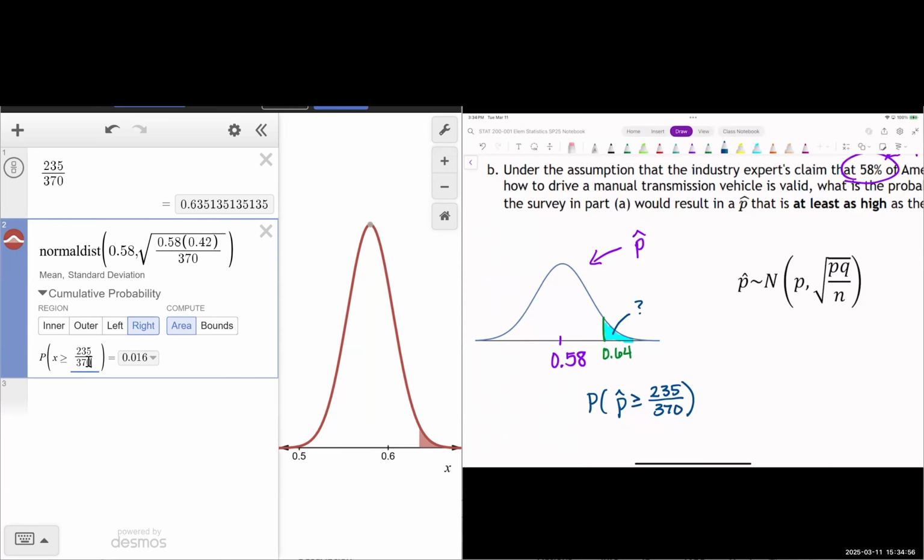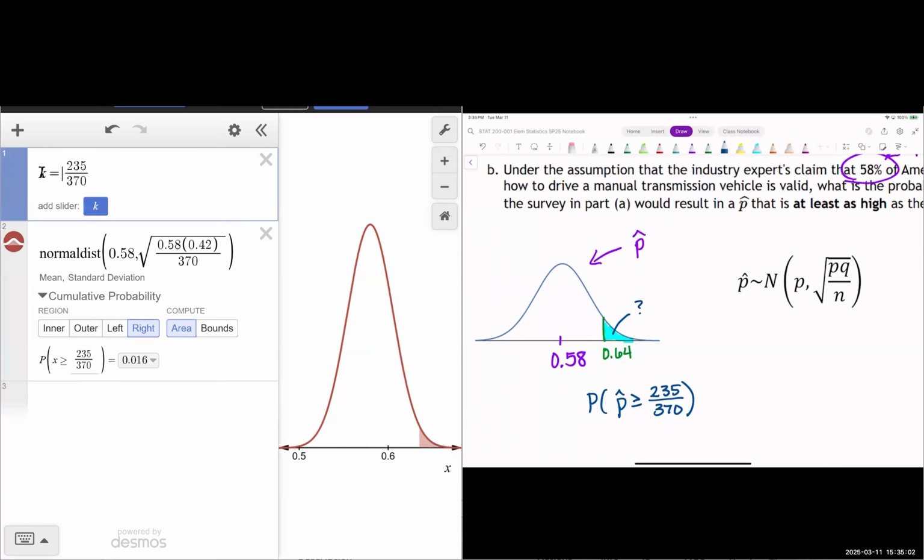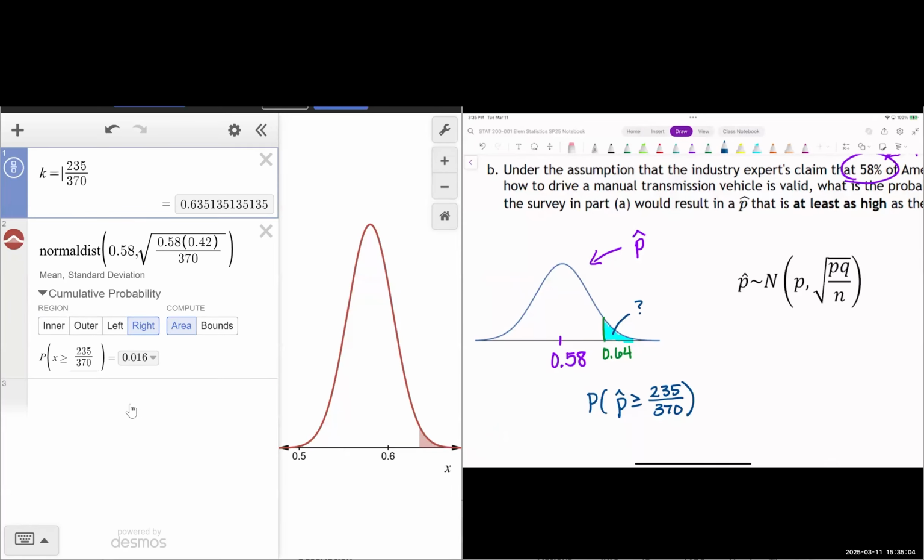So again, I'm going to use the exact value, 235 over 370, or if you prefer, you could use a variable name up here from where we computed the sample statistic, and then you can just put that variable name here in the normal dist function. It's up to you. It's really exactly the same.